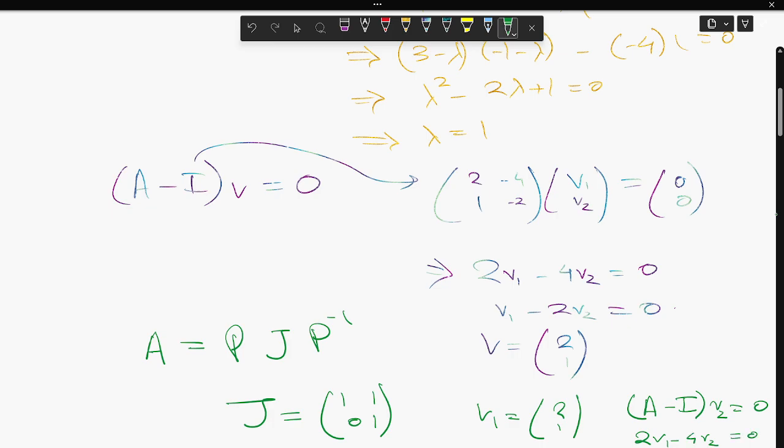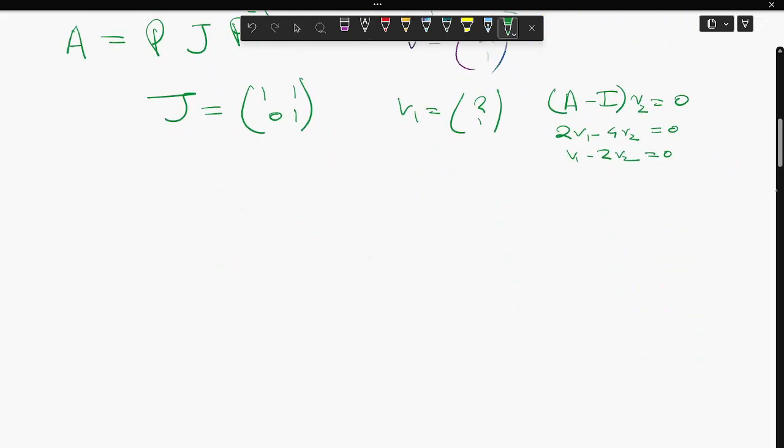After that we will get V1 minus 2V2 is equal to 1. Solving this, we again get V2 as (1, 0). So thus our P is now 2, 1, 1, 0.